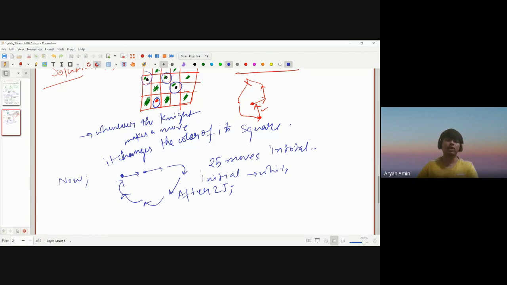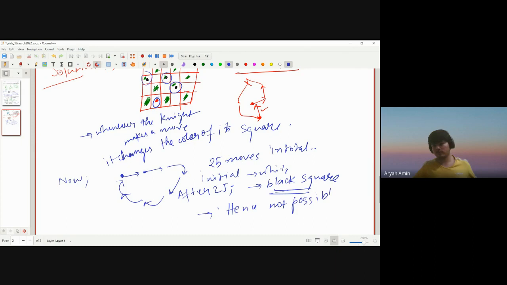Every time, the color of the square changes, right? So after 25 moves, you should land on a black square, and hence this cannot be done. Does this make sense? Does anyone have any questions regarding this?